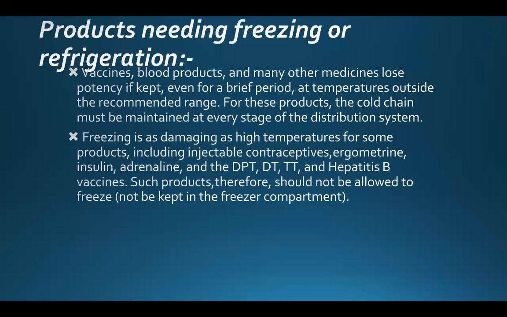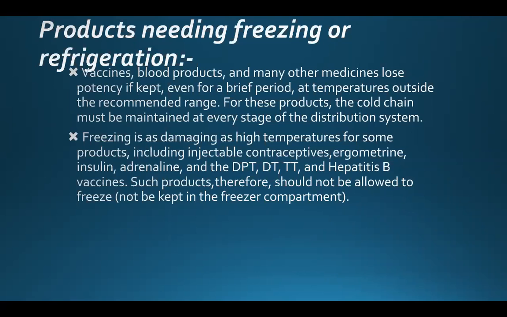Freezing is damaging, as is high temperature, for some products, including injectables, contraceptives, ergometrine, insulin, adrenaline, and DPT (diphtheria, pertussis), which are vaccines, and hepatitis B vaccine. Such products, therefore, should not be allowed to freeze and should not be kept in the freezer compartment.